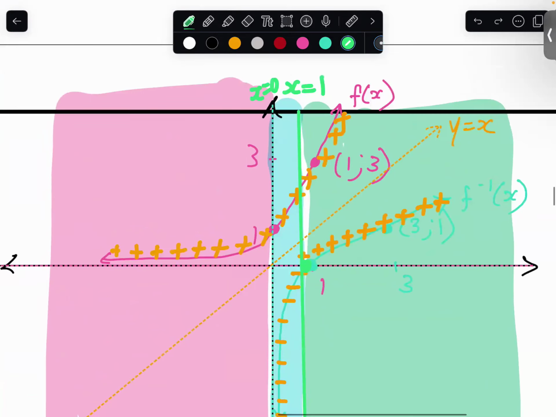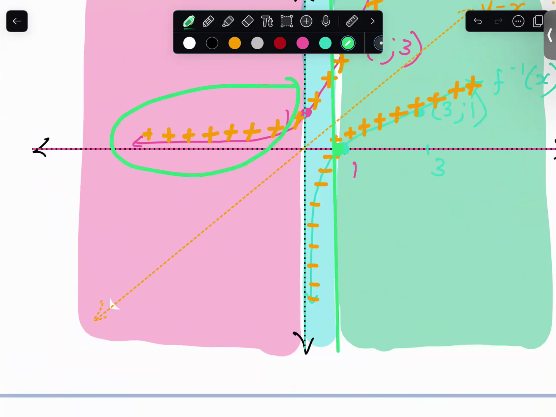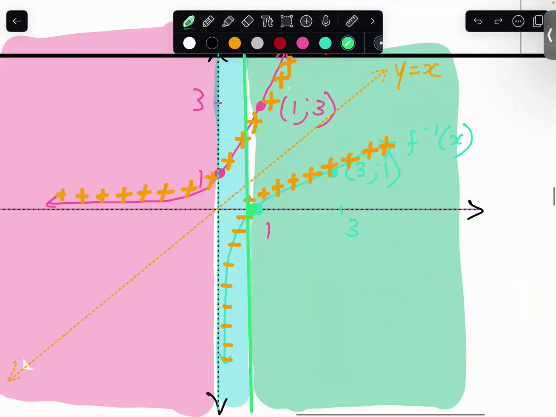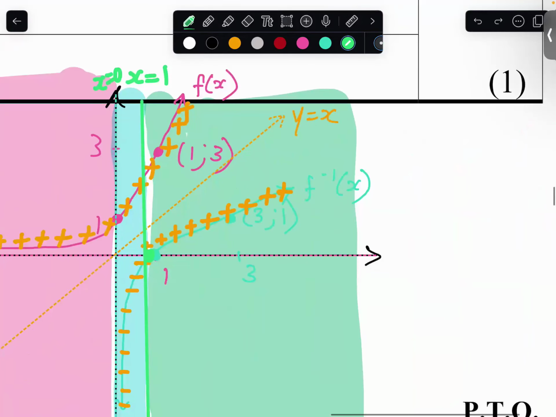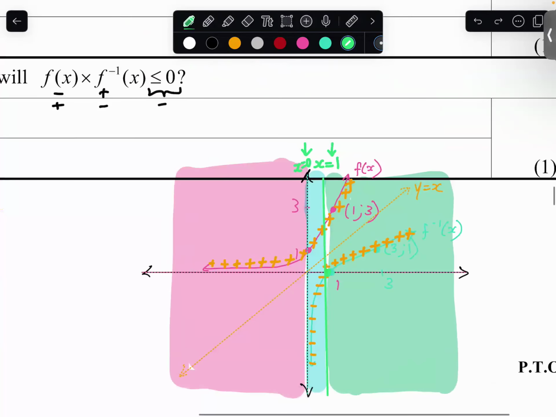And then this zone here before x is equal to 0, only the pink graph exists. So I can't answer in terms of the blue graph there, which means my solution is here between 0 and 1, where one of the graphs is positive, meaning lying above, and the other graph is negative, right? And that's the solution that I'm looking for. So when I answer it, I say it's between 0 and 1.